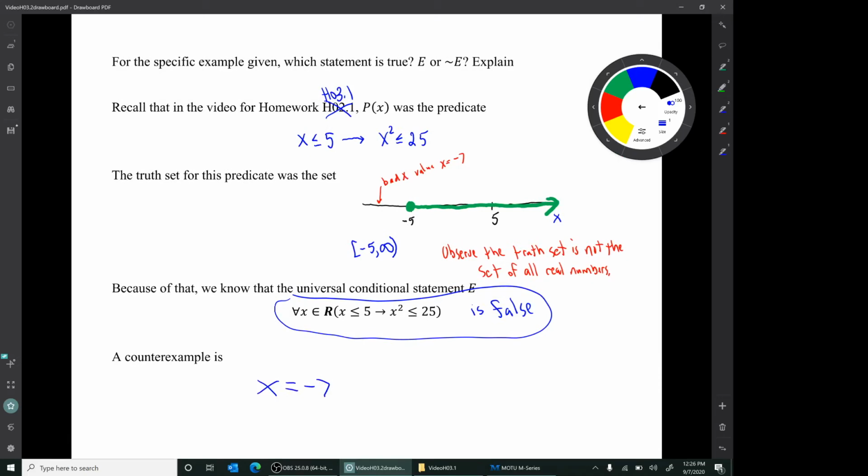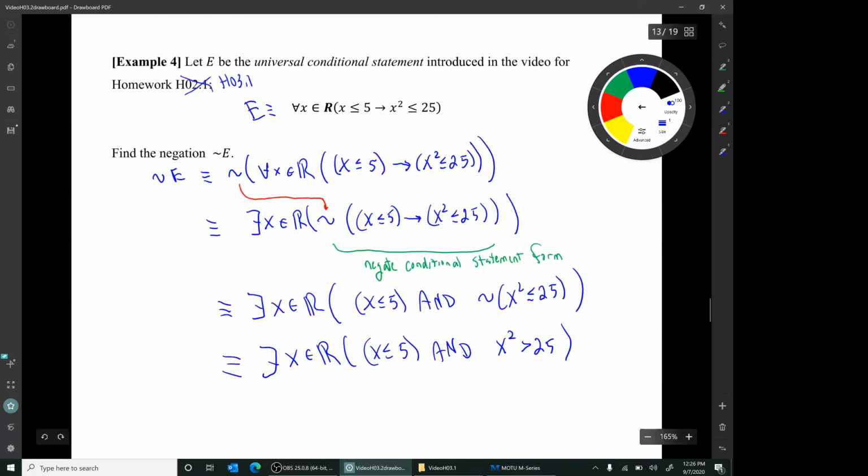Notice that the negation of this statement is there exists a real number such that x is less than or equal to 5 and x squared is greater than 25. Well, we have an example of a real number that does that. The number x equals -7 has the property that x is less than or equal to 5 and x squared is greater than 25.